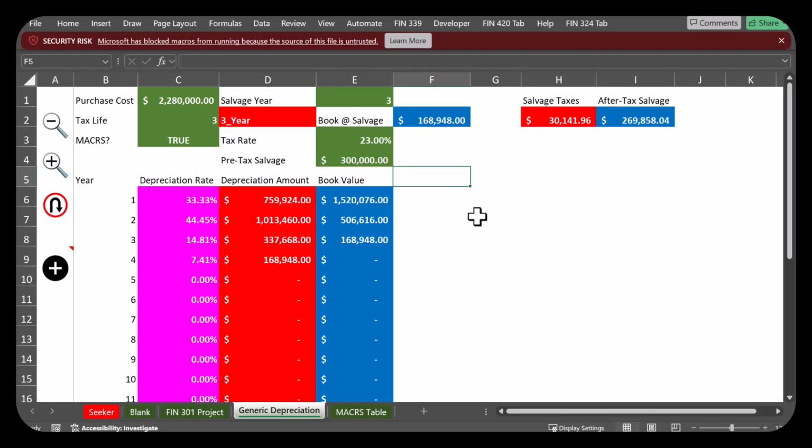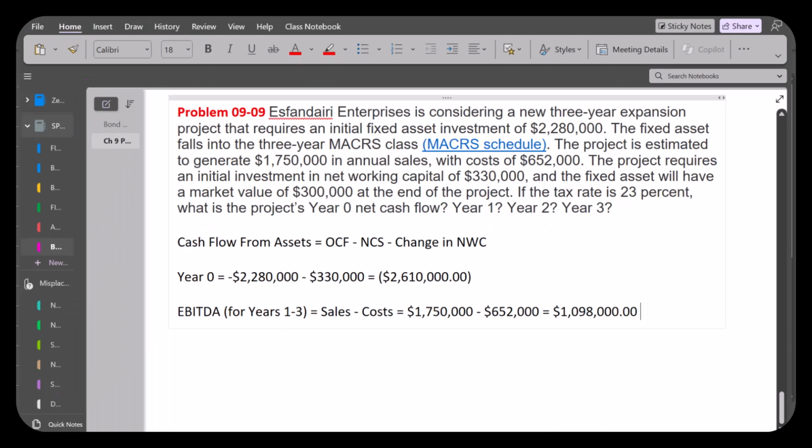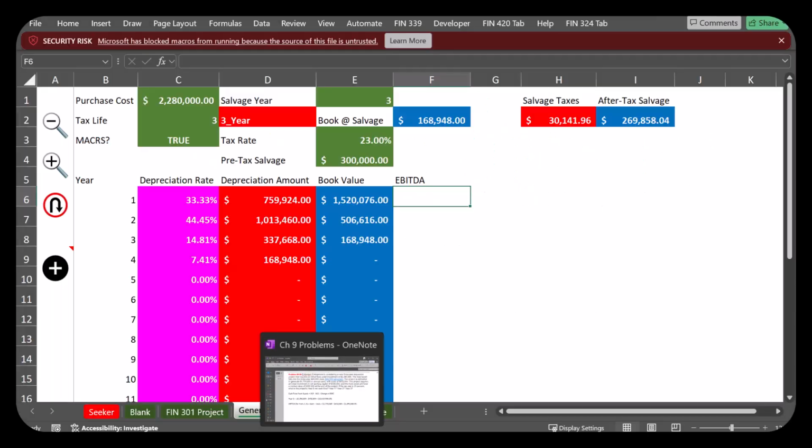First and foremost, this is EBITDA, which we calculated to be 1,098,000.